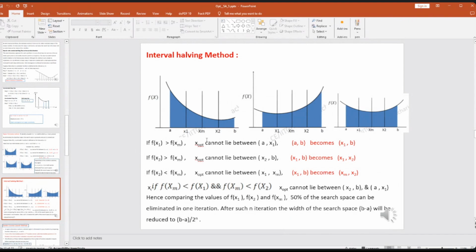Yes, sir. Now again we can compare this logic with xm, x2 and b. Another portion can be eliminated. So at every iteration level, evaluating 3 function values, we can eliminate 50%, because one interval is a quarter, 25%, of the region. So in 2 logics, if we can eliminate 2 regions, 50% will be reduced. The search will be reduced by 50% at every iteration level. Yes, sir. So the name is interval halving method. At every iteration, the interval is being halved.